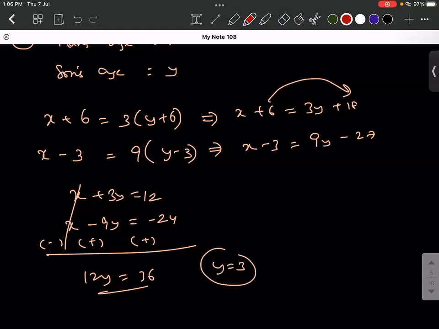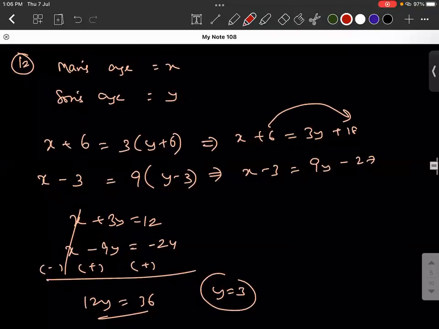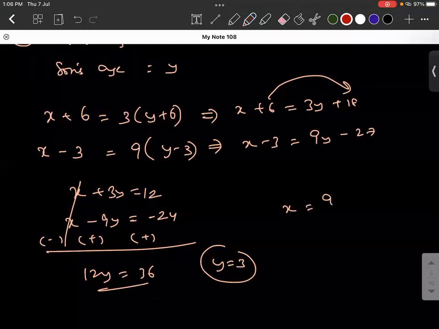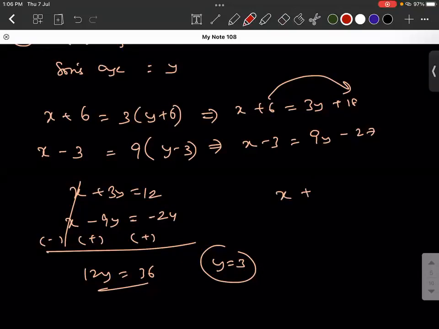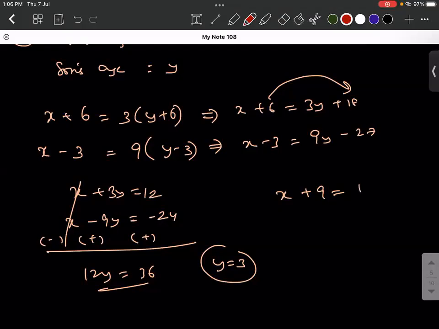What are they asking? The present age of the man. So present age means you substitute it back in any one of the equations. x is equal to... there is no option even closer.